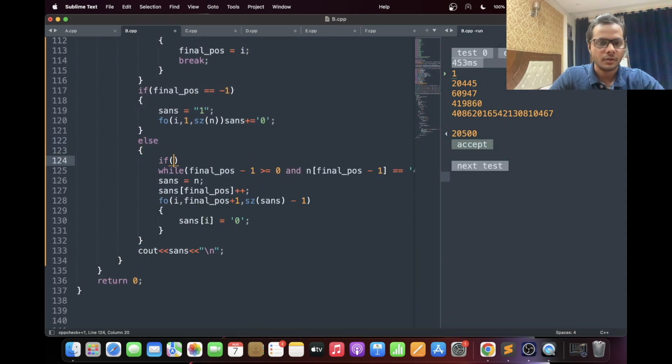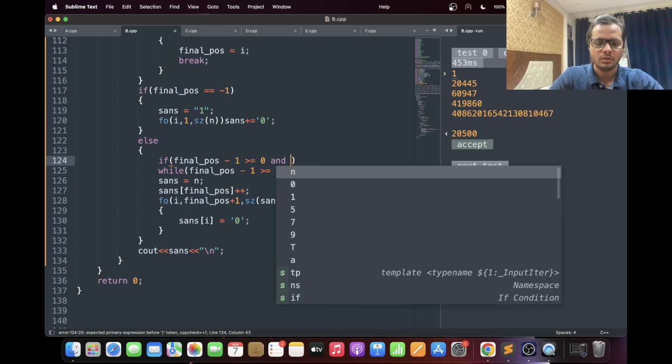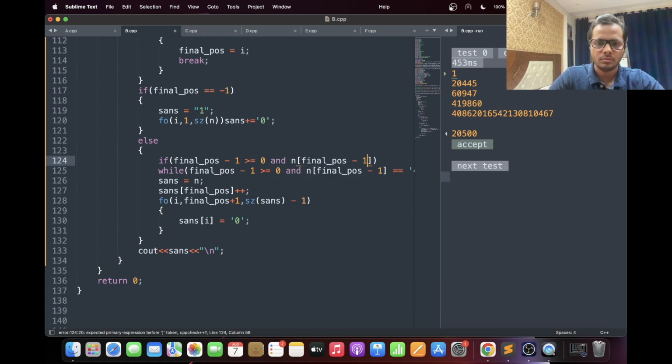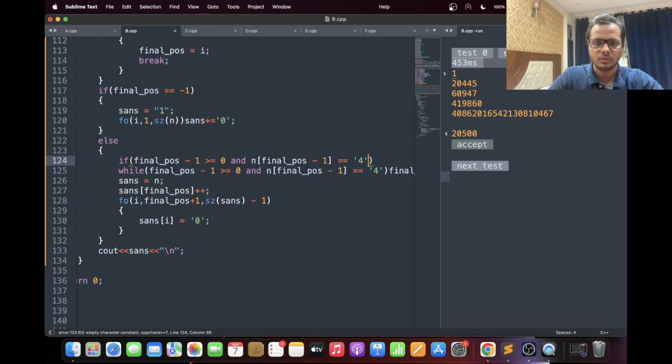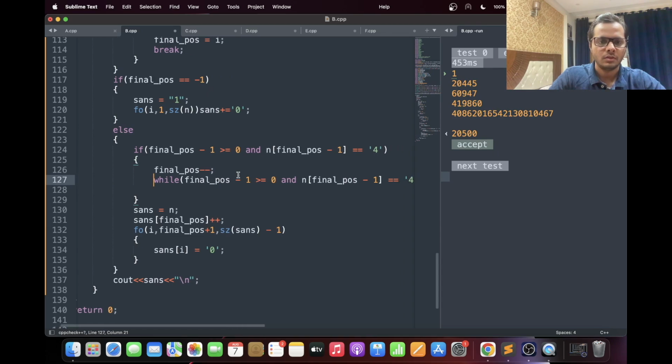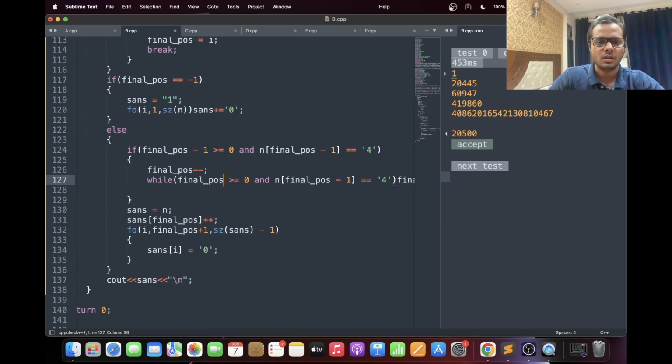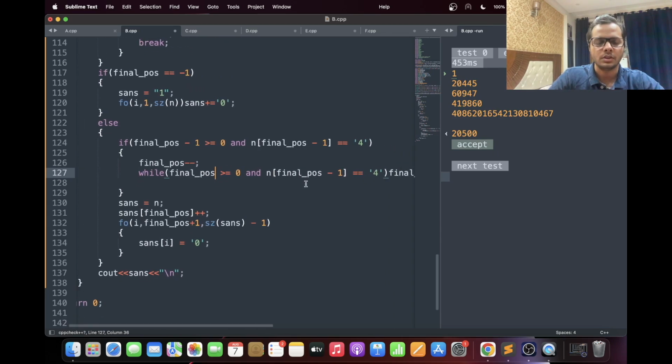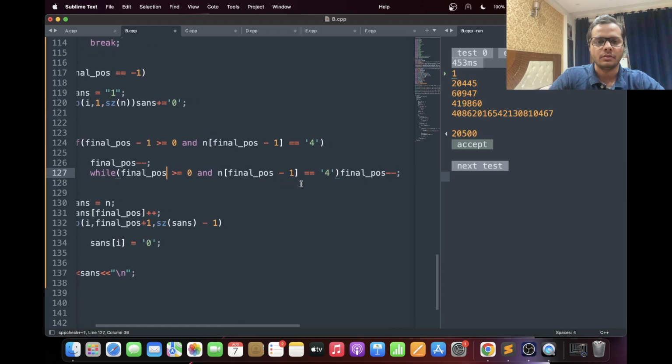So if, while final pos is greater than or equal to 0 and n of final pos equals to 4, right?